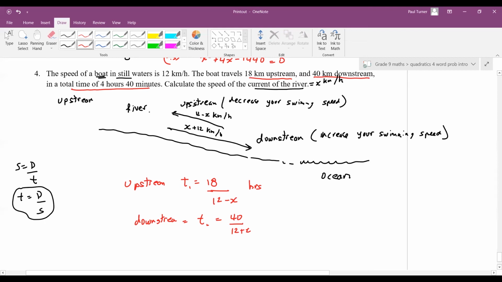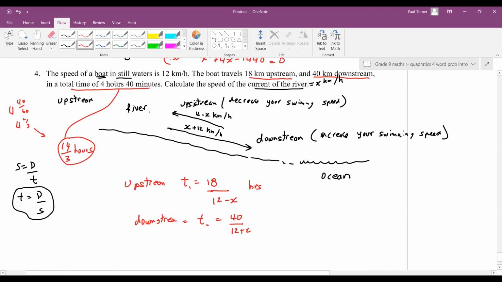Now that is 14 on 3 hours. So that needs to be converted fully to hours. We convert the 40 minutes to 40 on 60. So 4 and 40 on 60, which is 4 and 2/3, which is 14 on 3.